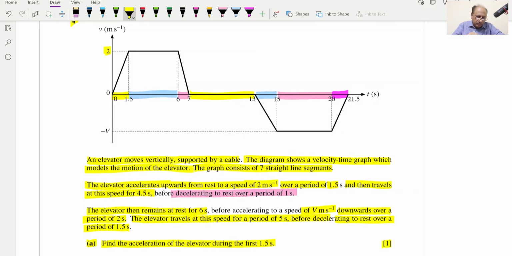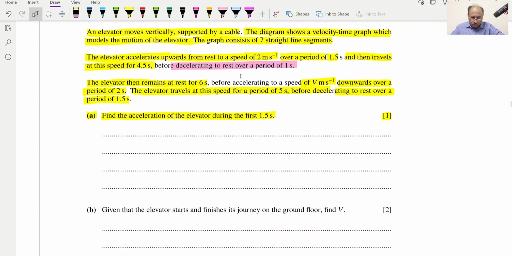So for this one, we can consider this triangle. There are two methods. One is you can just find the gradient of this triangle, the slope of this line, which is from 0 to 1.5 seconds, and the slope of that line will give us the acceleration.